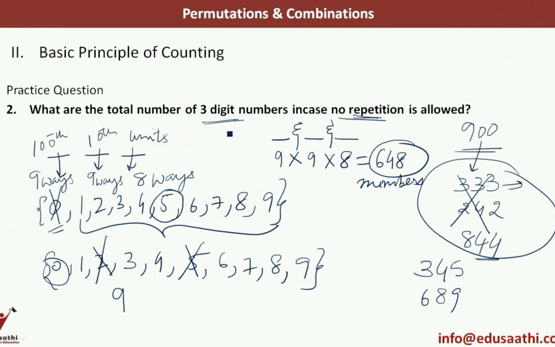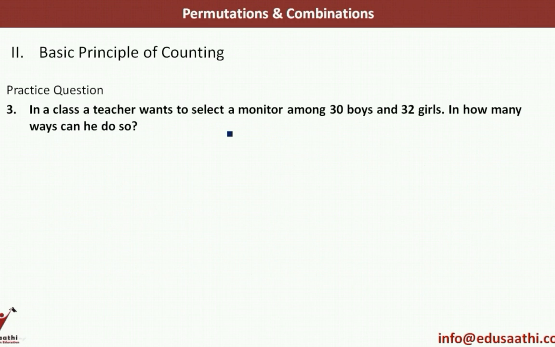Let's move on to another application of the basic principle of counting. Consider this question. In a class, a teacher wants to select a monitor among 30 boys and 32 girls. In how many ways can he do so? Now, the monitor can either be a boy or a girl.